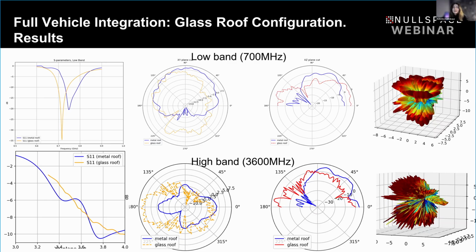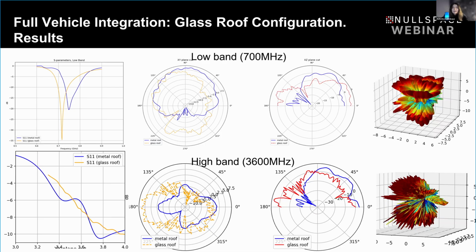And then again, as I talked about before, the biggest difference here we see on the lower band, because the car environment affects the lower band a lot more. On the high band, we don't see so many differences. Of course, there is a difference in radiation pattern, but for example the matching and resonance position is quite stable in this sense.